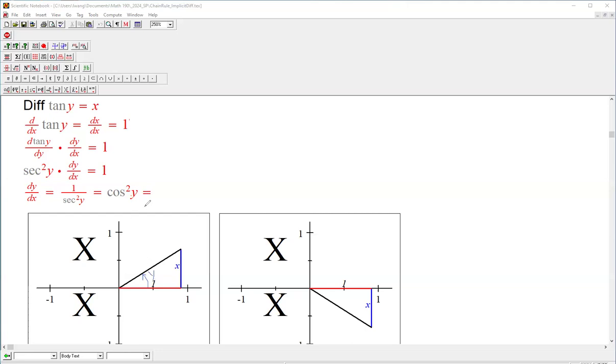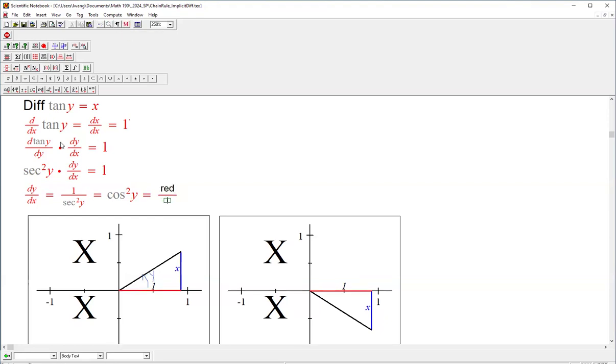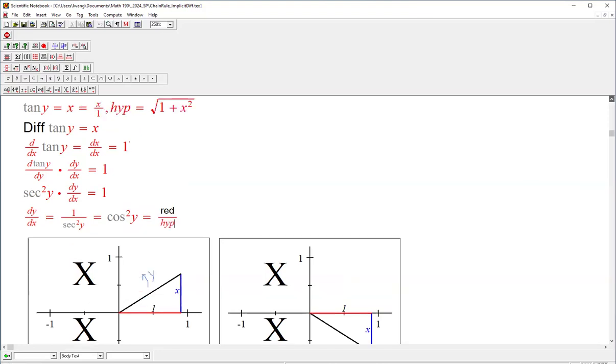Cosine of y equals the adjacent side over the hypotenuse. The adjacent side is 1, which is red, and the hypotenuse, HYP, we just defined earlier.